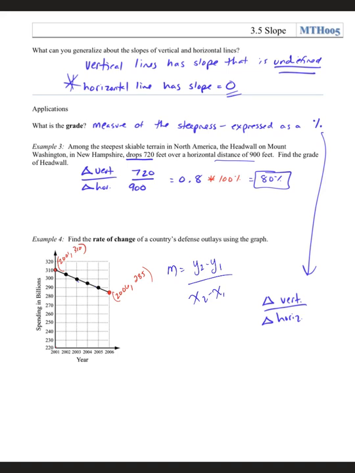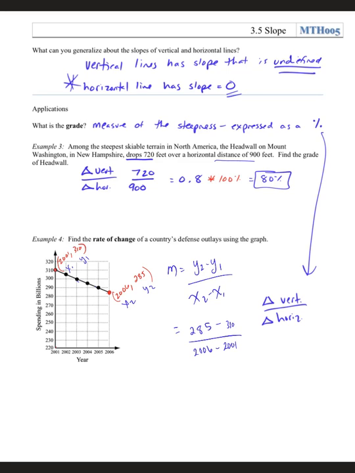So now we're going to substitute these values in. I have x1, y1, x2, y2. So we have 285 minus 310 divided by x2, which is 2006, minus x1, which is 2001.